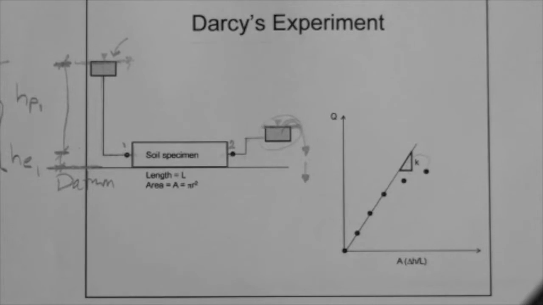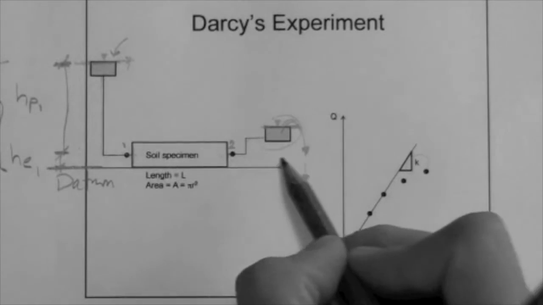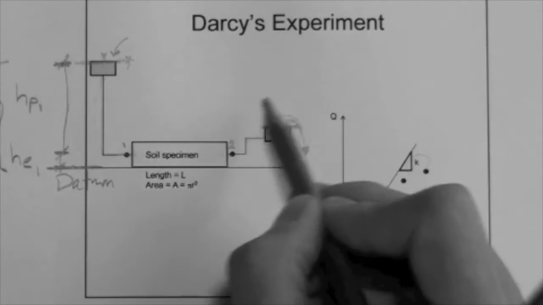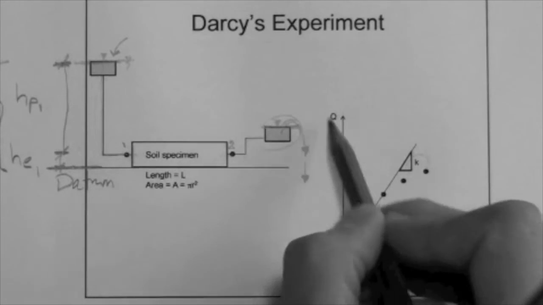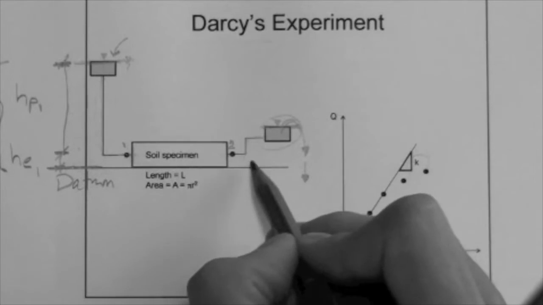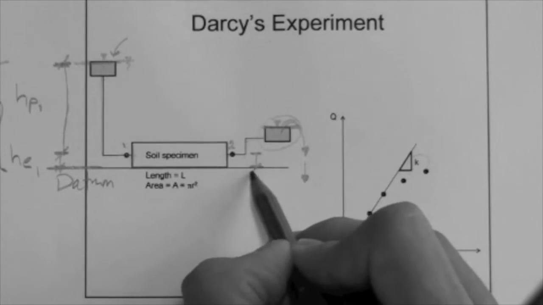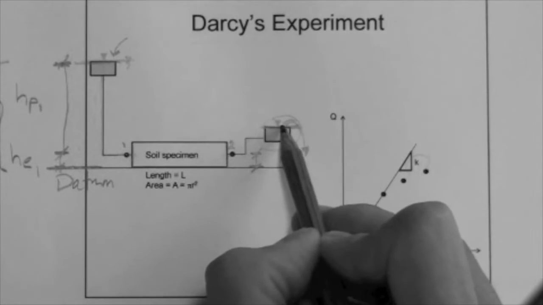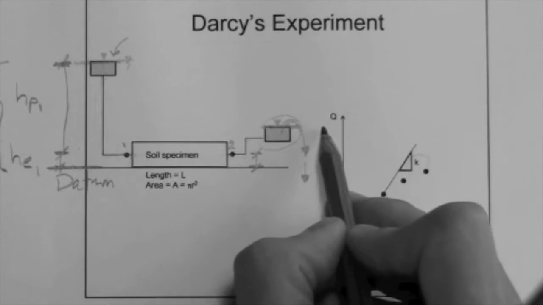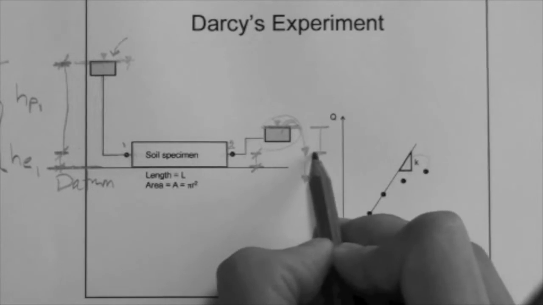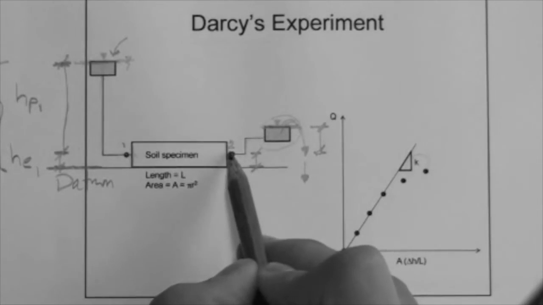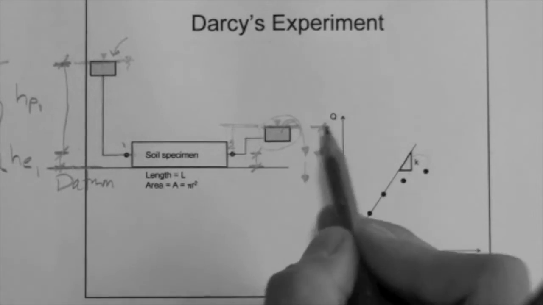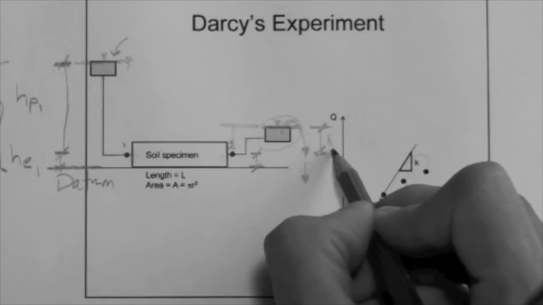Okay? Alright. Let's go to point number 2. Point number 2 is on the other side of the specimen, so we are now associating the point with what happens here. This is the elevation head, and the pressure head is the distance from this point to the water table. Okay, that distance is the pressure head.